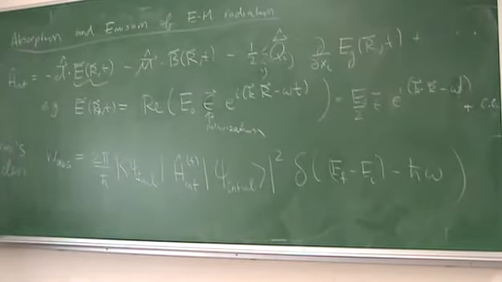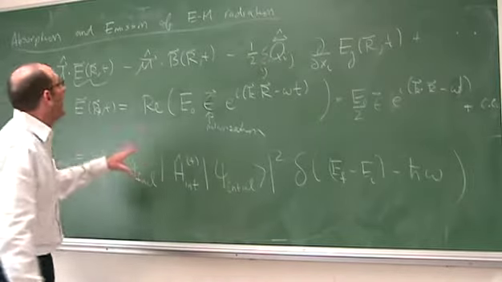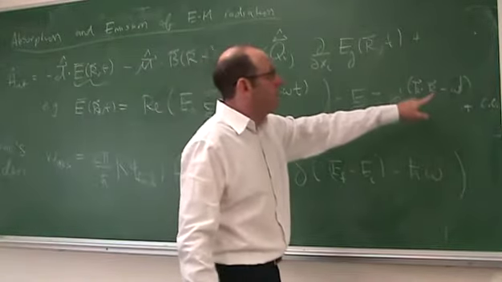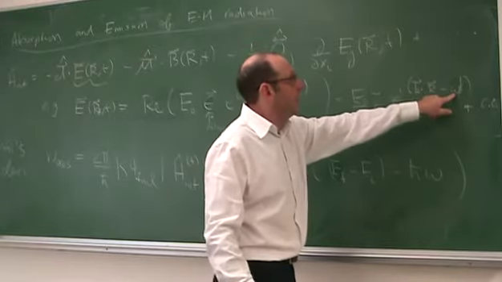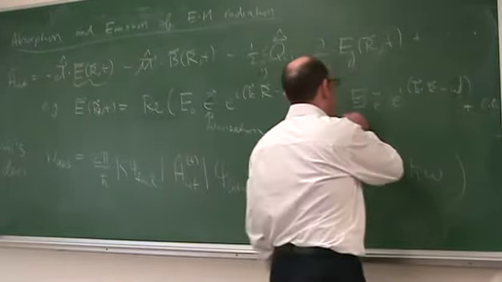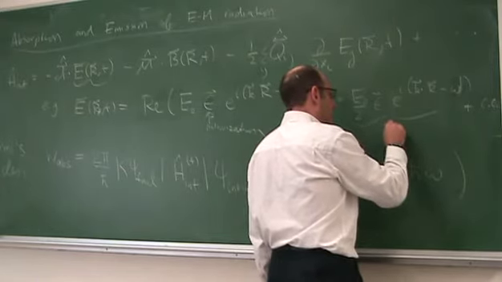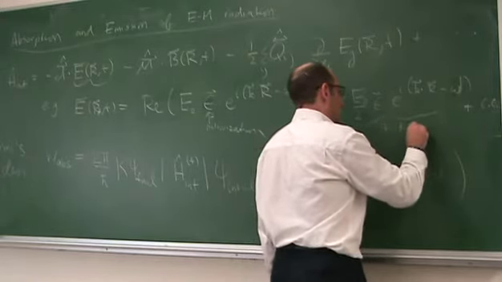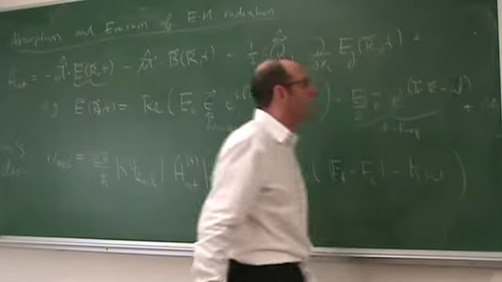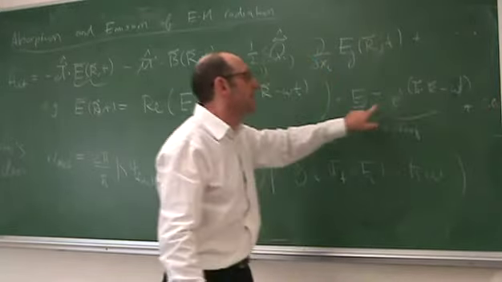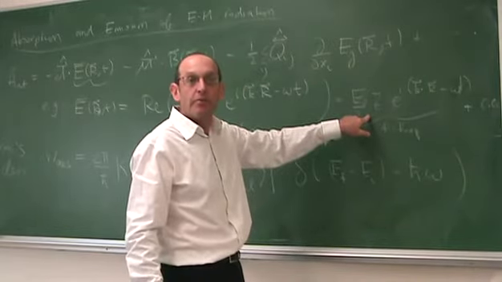What do I mean by H plus? Well, here I have two pieces. If I have a wave, I have a part that is associated with this, and the conjugate. This part gives rise to the positive frequency component, and this is the negative frequency component. This part would have to do with emission. This part has to do with absorption.